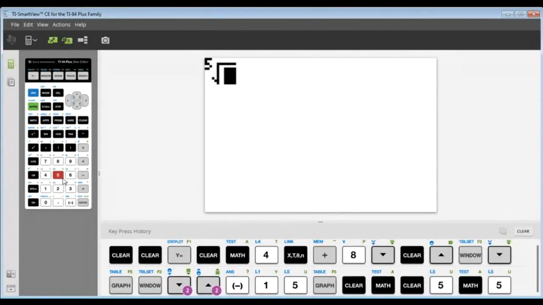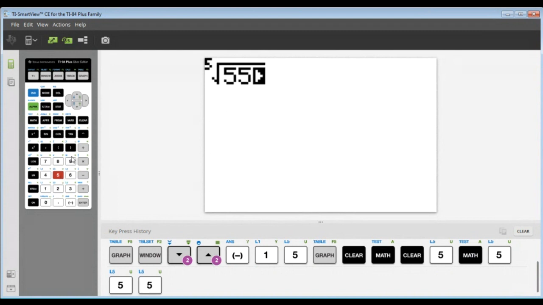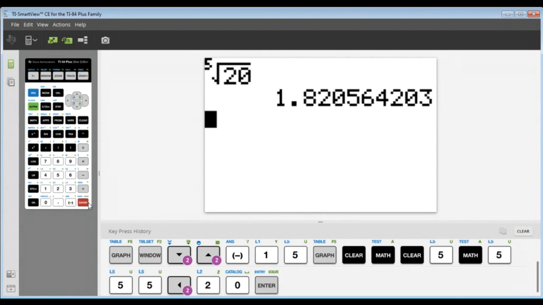Oh, okay, good. Thought it froze on me. So you see that? So I have a fifth root of what? 20. Then what does that give me? 1.82056. Okay, so that's what you have.